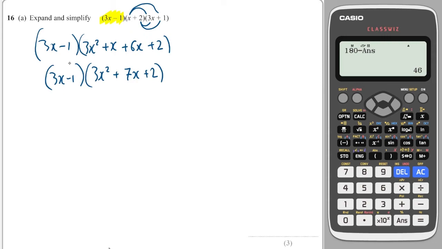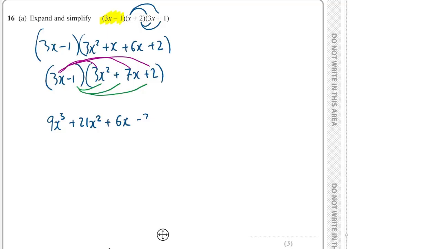So what I like to do is multiply everything by 3x in the right bracket, which is going to give me 3 times 3 is 9, x times x squared is x cubed, plus 21x squared plus 6x, and then I can multiply everything by the minus 1, which will give me minus 3x squared, and then we have minus 7x and minus 2.